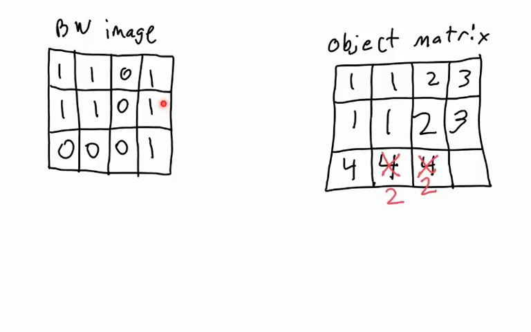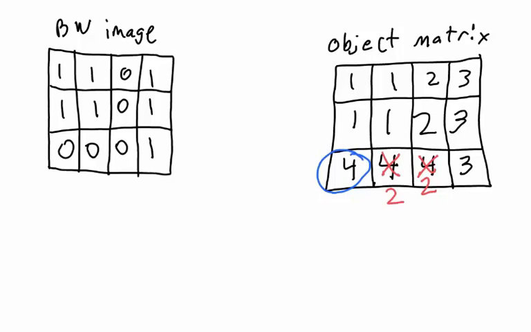You'll notice that this object matrix is not perfect. We've still made an error down here in the lower left-hand corner. Sometimes errors like this can be fixed by going back through the object matrix to make sure that all of the rules are satisfied. And sometimes errors remain even when all of the rules are satisfied.